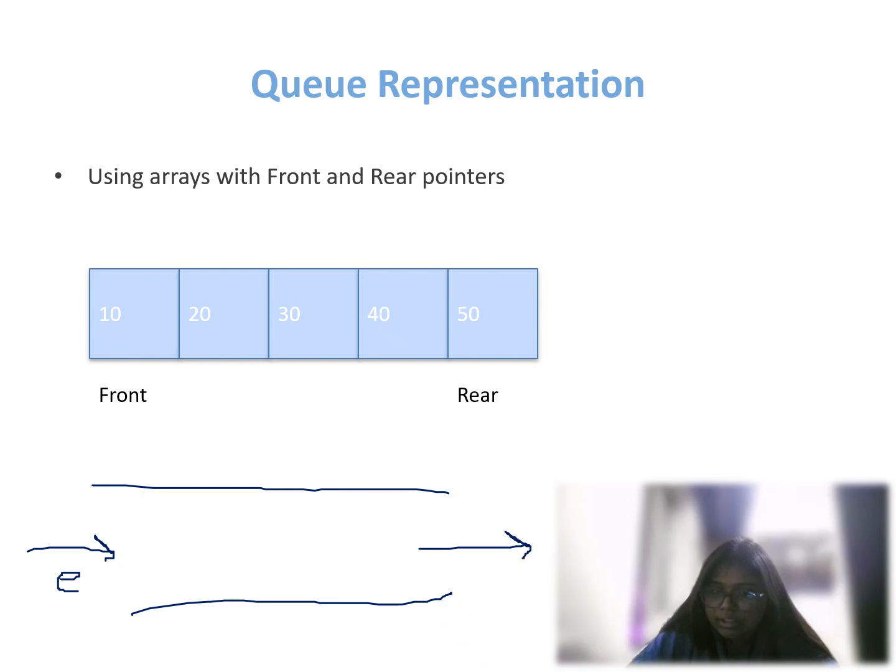And let's understand this as deletion. An element is entered into the queue from this side, and the deletion happens from this side. So here the variable rear is used, and here the variable front is used.